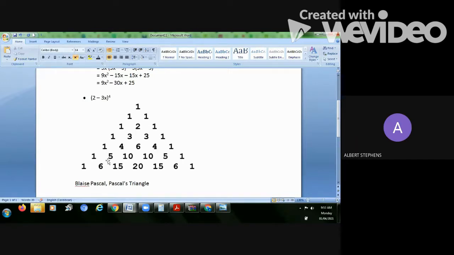You're not supposed to go beyond down here, but you can still write it out. These numbers are coefficients. I'm going to explain what all that means.